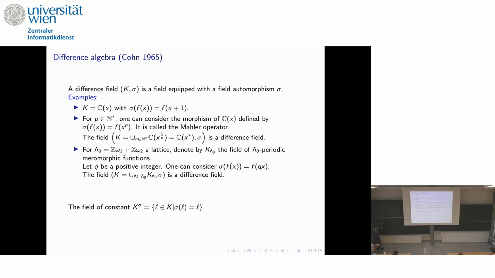Because perhaps most of you are more used to differential equations, a difference equation is just a discretization of a differential equation, and you can think of sigma minus identity as replacing the derivation. And here, the differential constants are the elements that are sent to 0 by the derivation. And in this context, it will be the ones fixed by the automorphism. Okay, it's a certain analogy.